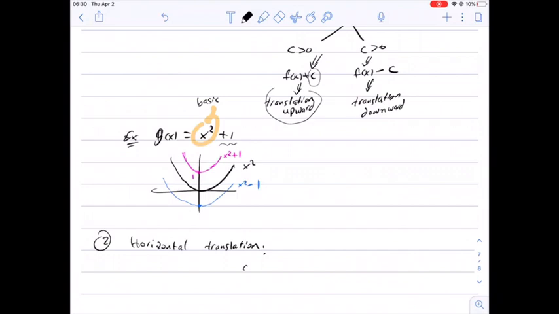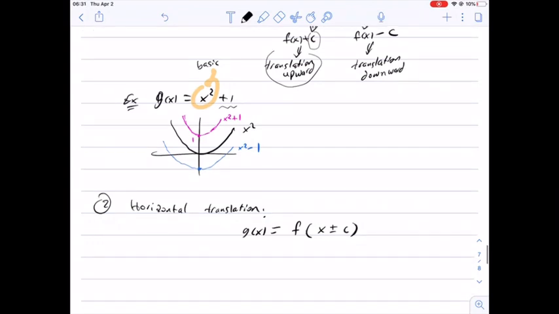So horizontal translation means g of x is the original function, the basic function, but we have some constant added or subtracted from the variable x.